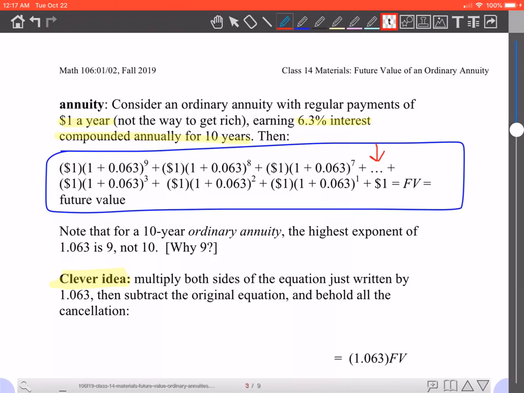So again, make sure you understand why the exponent is just 9 for the first one. We said that this is because it's an ordinary annuity. So each deposit is losing out on a chance to collect interest, including that last one, which has no interest.